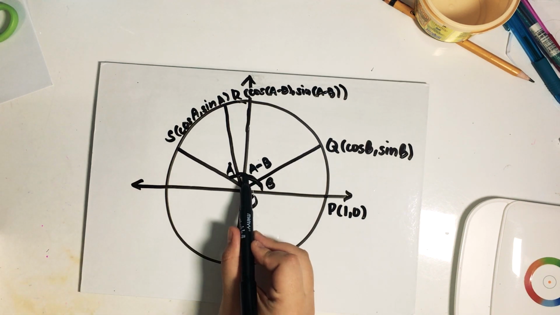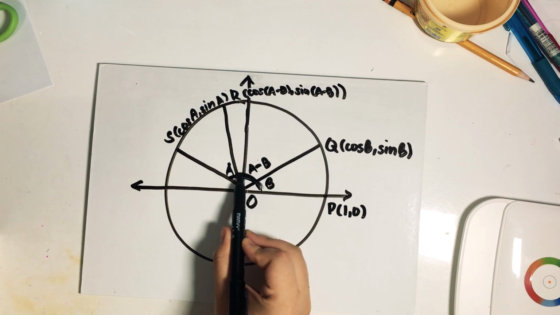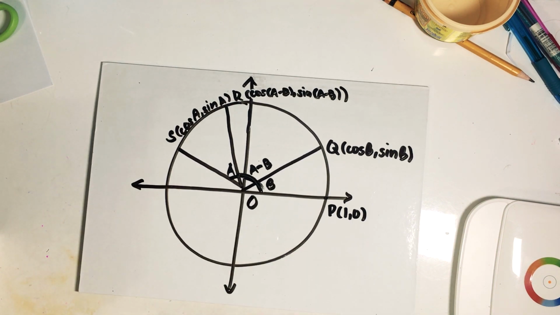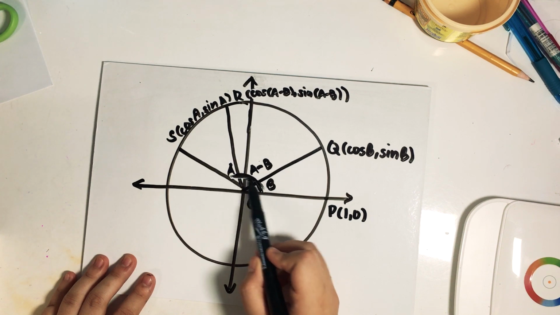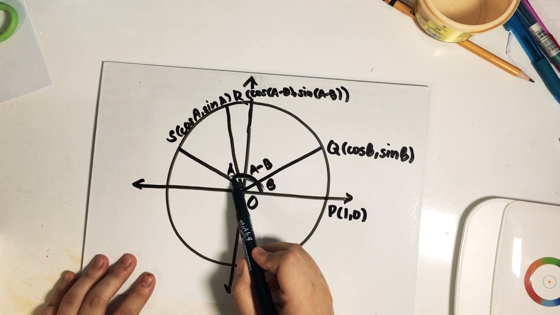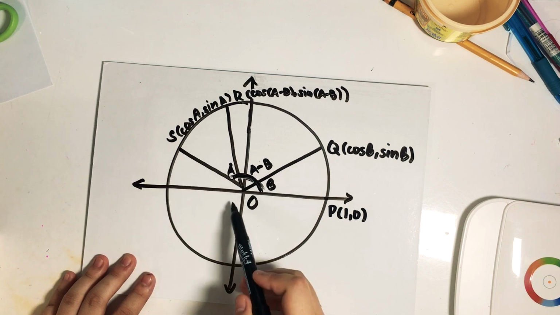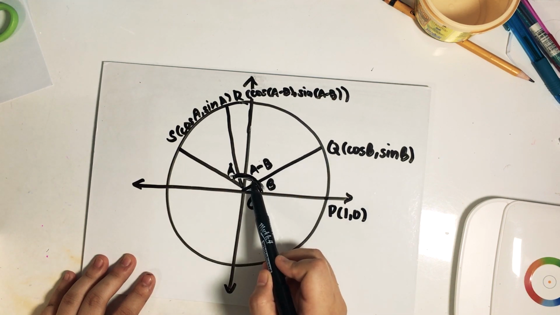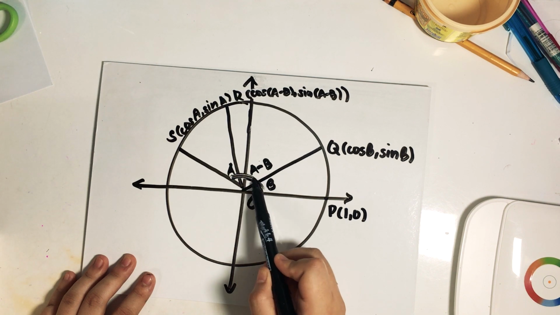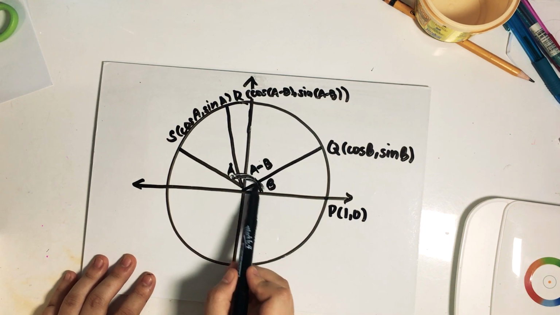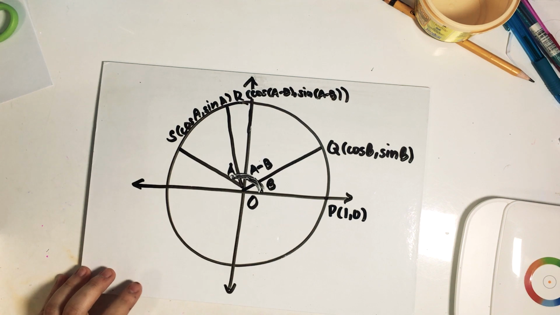So that means that this segment is A minus B, but there is also a segment here with SOQ. This segment has a similar value as well. This is A minus B, and this angle is also A minus B. So they have similar values.